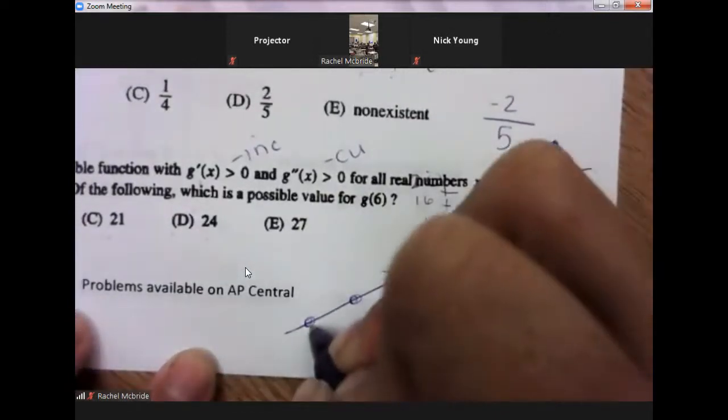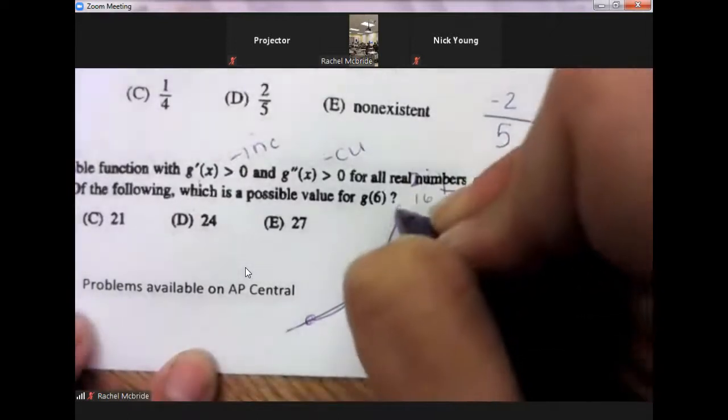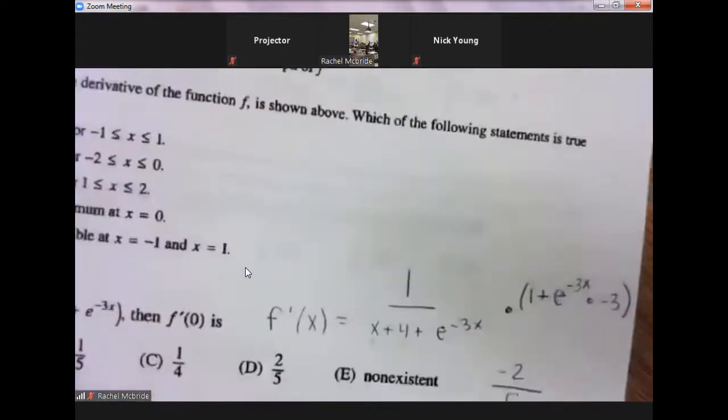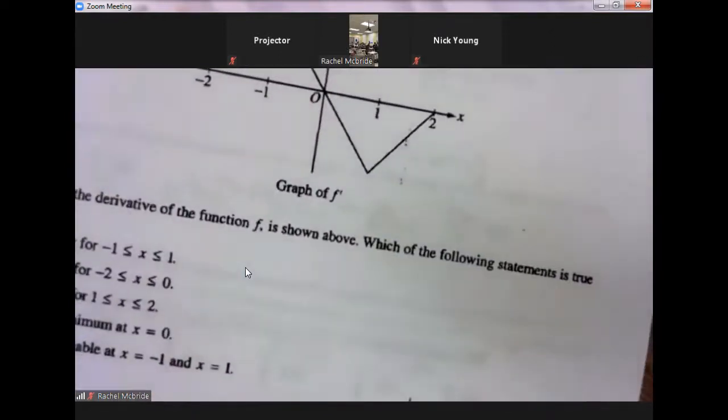And this needs to have concavity, so it needed to increase even more. Does that make sense? It's all about the slope, which is derivative. So the slope needed to be greater than the slope before it to be concave up.